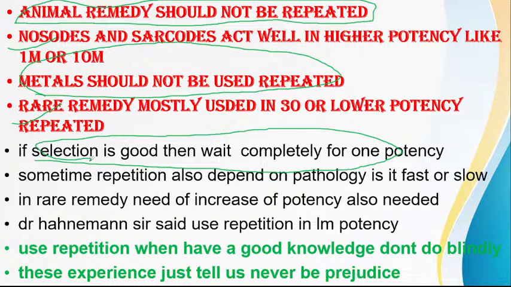Many doctors have come in our era, and doctors like Dr. Kent have given a single potency and waited for the action of that potency for 2 weeks, 4 weeks, 1 month, even 2 months. Many doctors have waited for the action of the medicine for 2 months, because they were very sure about the selection of the potency and the medicine. So if you are sure about the selection of potency and medicine, then try to wait; do not repeat in such a hurry.